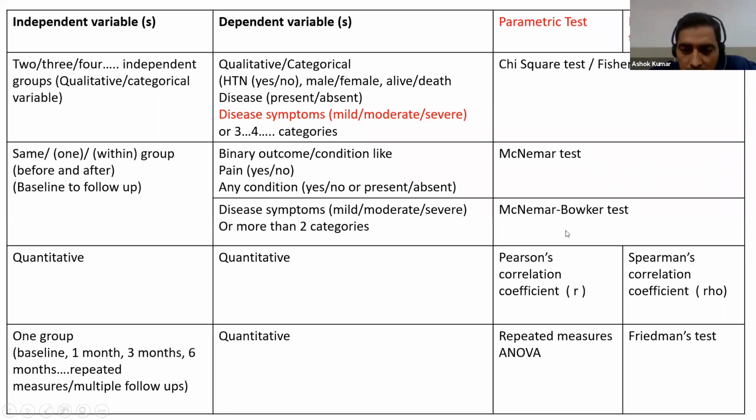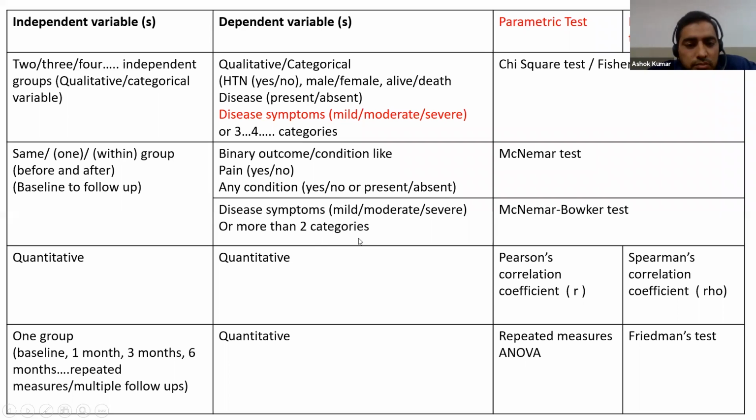And again, there is the McNemar-Bowker test, and we can use it in the same condition: before and after, baseline to a single follow-up. But remember that here the condition is not binary. It is like disease symptoms mild, moderate, and severe, or any category with more than two.